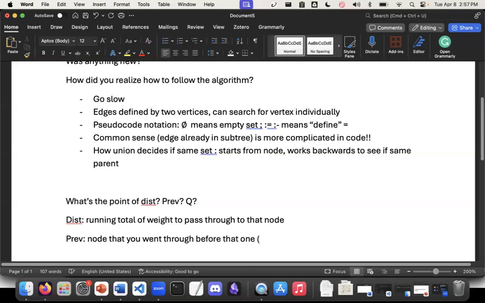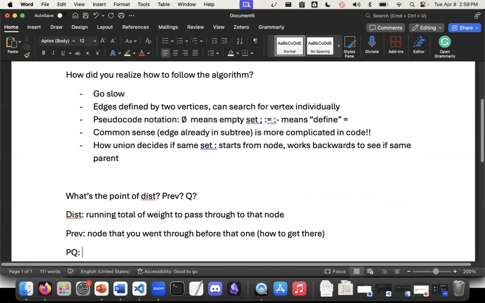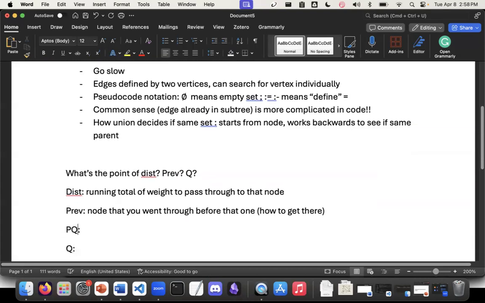So that's kind of like a map, how to get there. So someone with a priority queue, tell me what's the point of the priority queue? What do we use it for? Why bother?